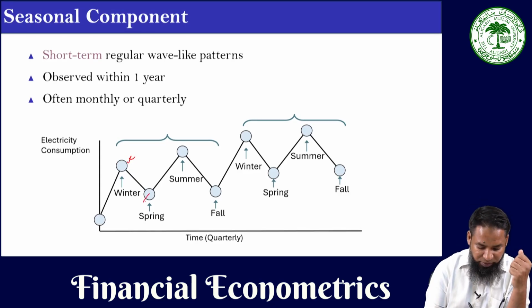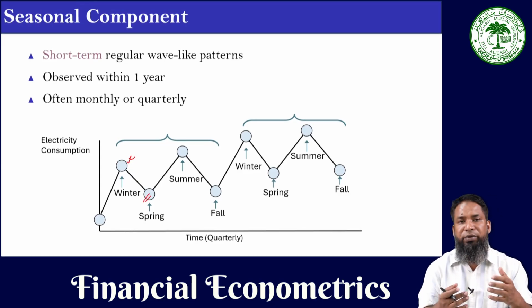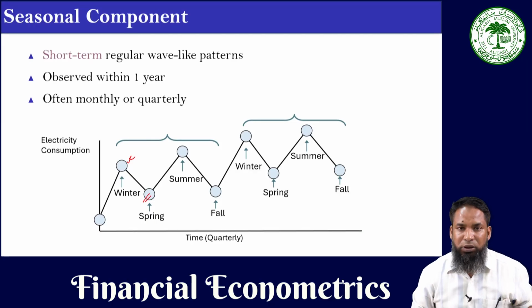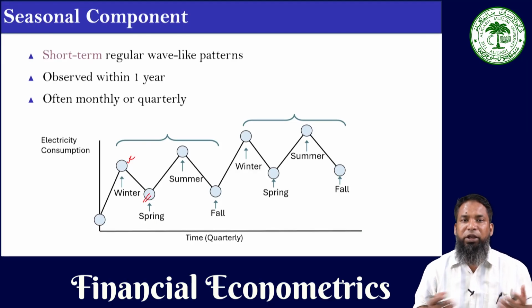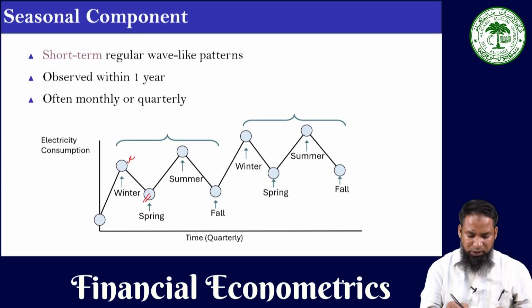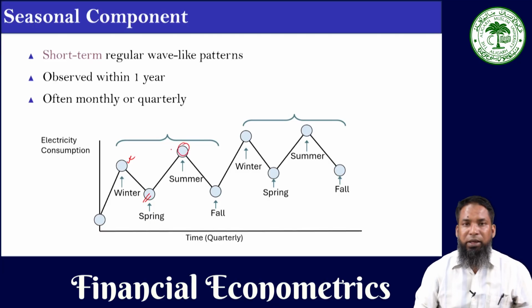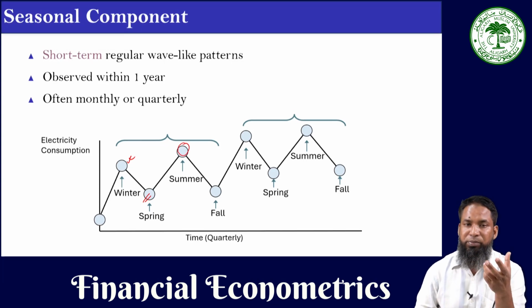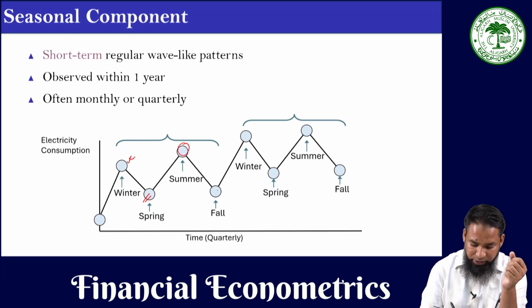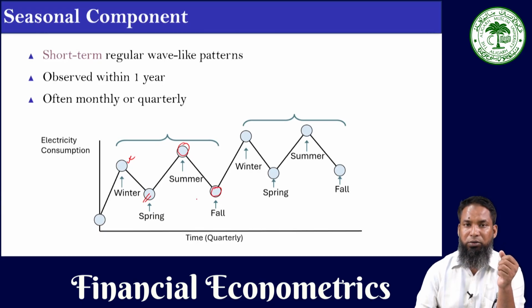In the spring it may fall because we no longer need it for heating. In the summer we may again see a spike because we need cooling. On the other hand, in the fall it may fall again.